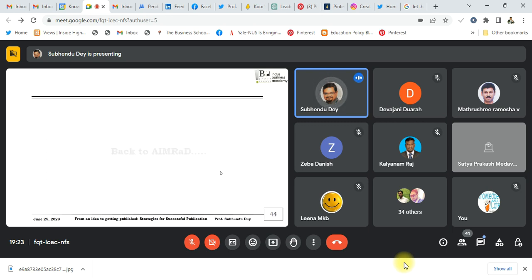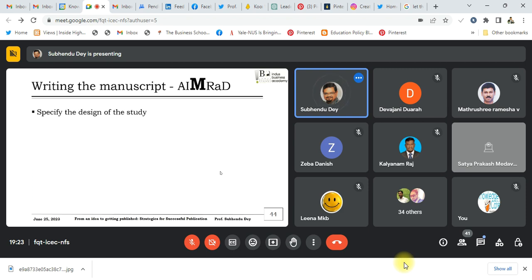So let's come back to our methods. The objective of the methods section is to basically describe what you did, how you did it, and how a reader should be able to reproduce it.